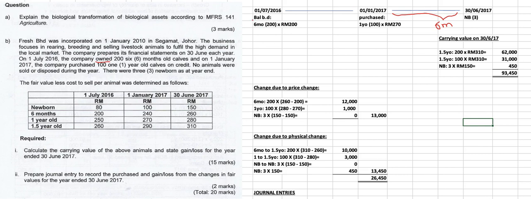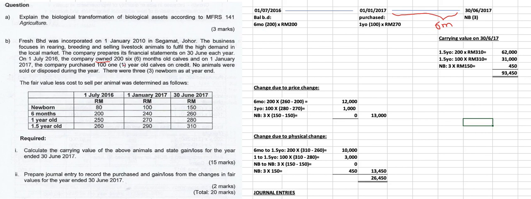That's why we put it as balance b/d. Same goes in the first question in the previous video. At the beginning of the year, the company had biological asset, the animal, so it will be written as balance b/d, which is brought forward from previous year.